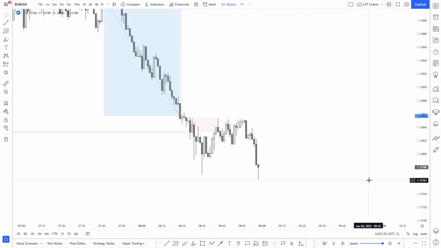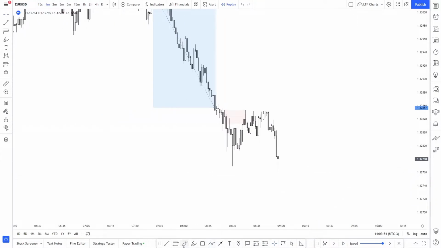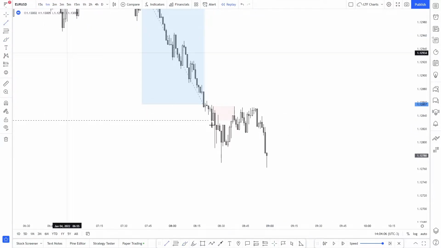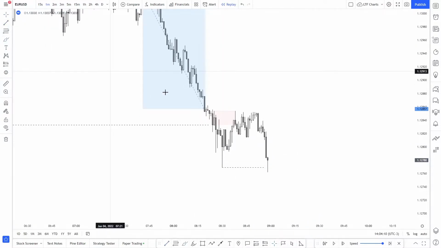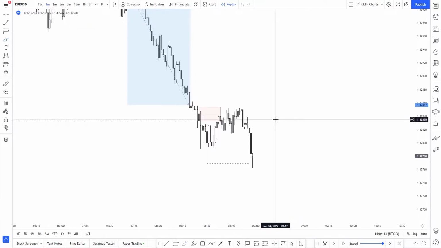So, for example, if I wanted to sell, we do have reasons to believe that the POI could work, as it has mitigated the extreme partially, or that the extreme could work out and us taking basically that high as liquidity, right? Also, we can see that this major break has been taken. Some liquidity was swept from the middle, right? And that's pretty much it, because we do have liquidity against us, which is really not good.